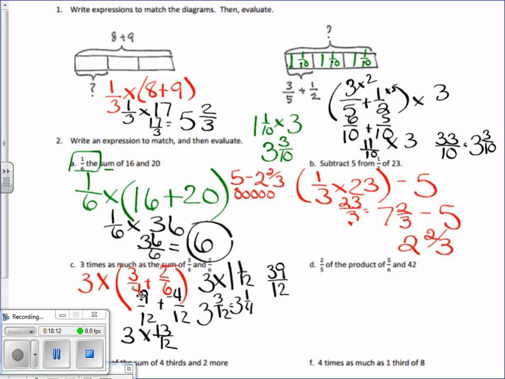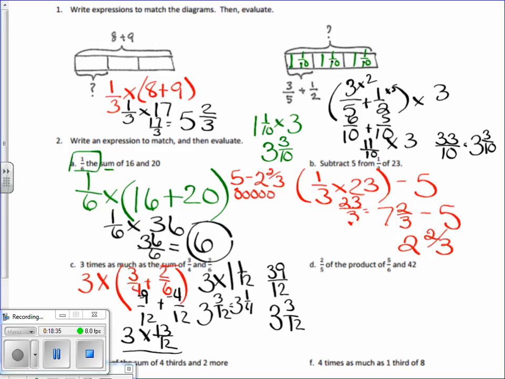You want to simplify it? Okay. It would go in 3 times, because 12 times 3 is 36. And I get 3 and 3/12, a mixed fraction. I wasn't finished.